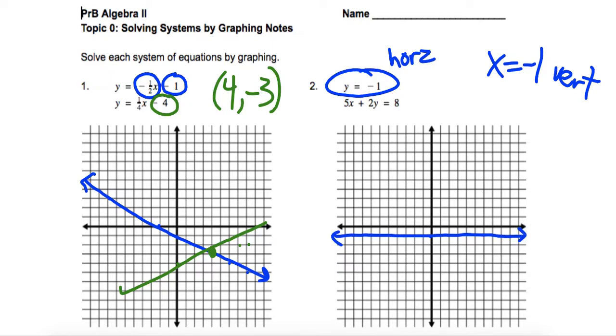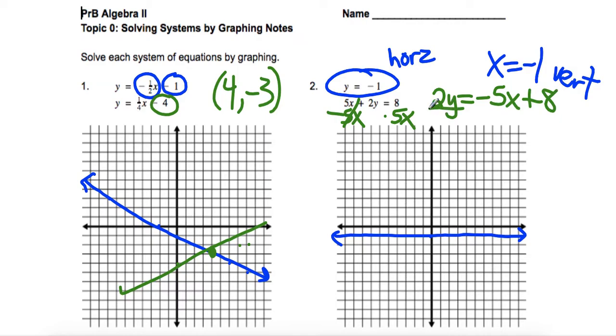All right, now my second function, it's not in slope-intercept form, and it's a little bit easier to graph if it is. So we're going to solve this for y. We're going to start by subtracting 5x from both sides. So we get 2y equals -5x plus 8.